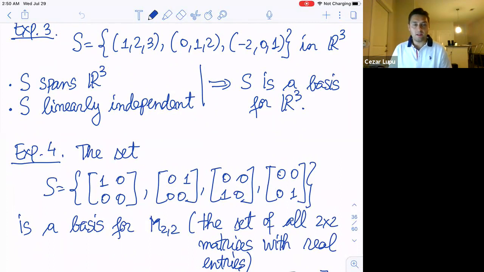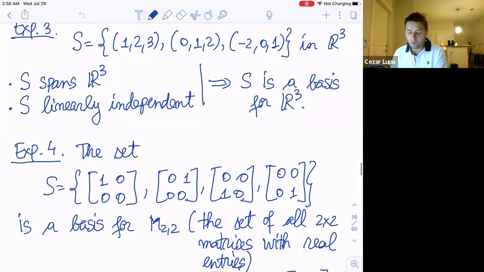And as you can see, all the matrices have a one in one corner: top right, top left, bottom right, bottom left. So we have all these combinations. And I want to see if this is a basis for M22, which we denote as the set of all 2 by 2 matrices with real entries.